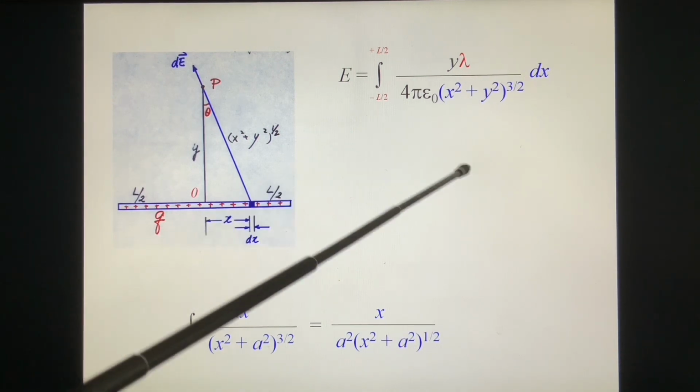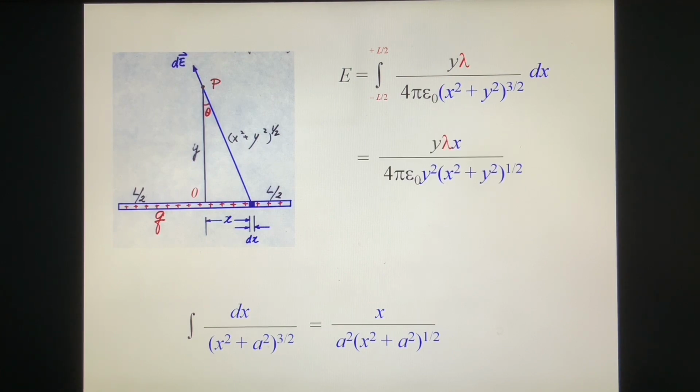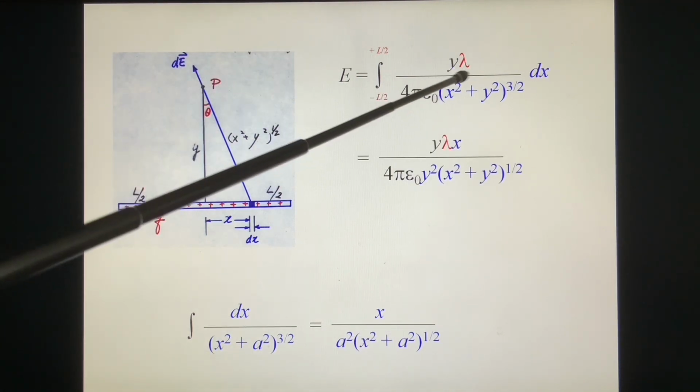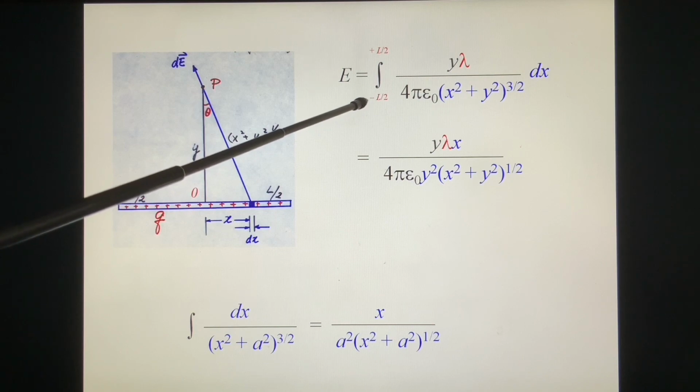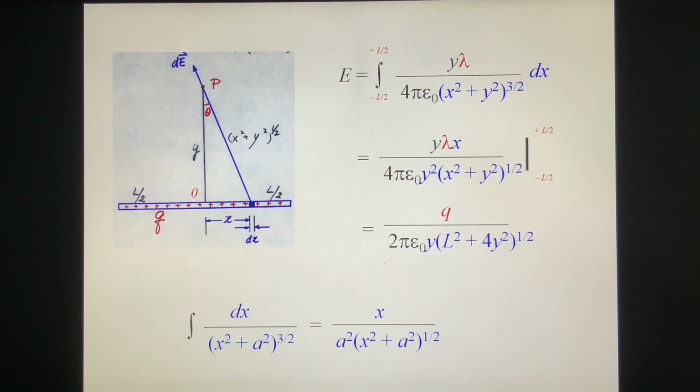Compared to this one, a is equal to y. So we put this inside, we get it. The integration is from minus half L to half L, and we put the numbers inside, we get E. This is the result we wanted to prove.